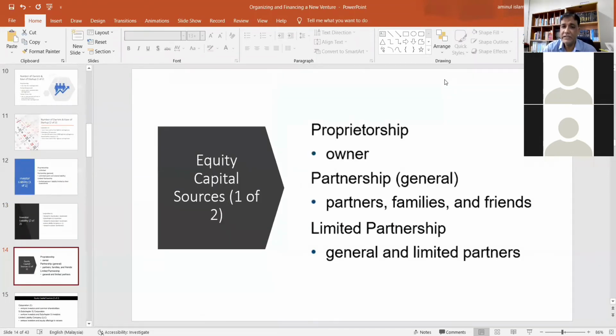In terms of the equity or finance requirement, in a proprietorship, since it belongs to one individual owner who comes out with the idea, who launches the operation of the business, who leads the organization, he takes the profit, and he also takes the responsibility in case of losses or phasing out of the business, right?